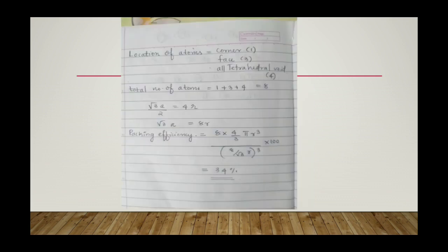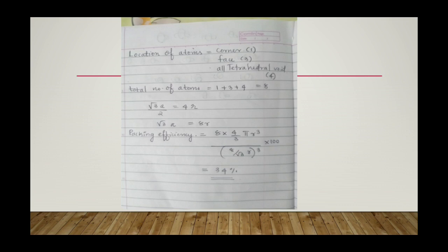Then this is how to calculate the packing efficiency. Here you can see the locations of atoms are denoted at corner 1. We take it as 1 lattice point. Then the number of corner atoms is 1, face is 3 and tetrahedral void is 4. Then total number of atoms is 8.